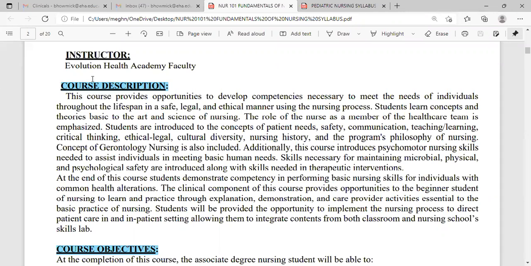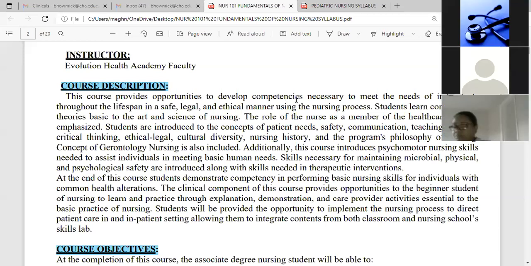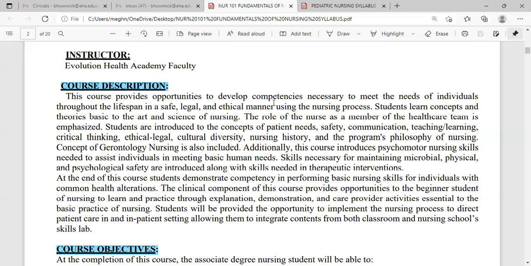And they said the course description, and this course provides opportunities to develop the competence necessary to meet the needs of individuals throughout the lifespan in a safe, legal, and ethical manner, and using the nursing process.